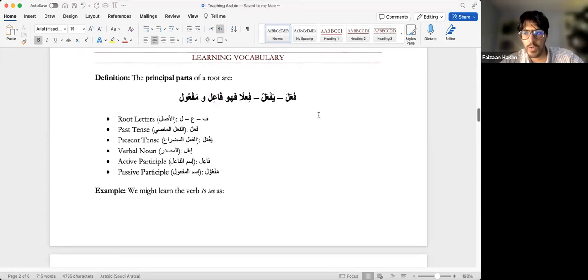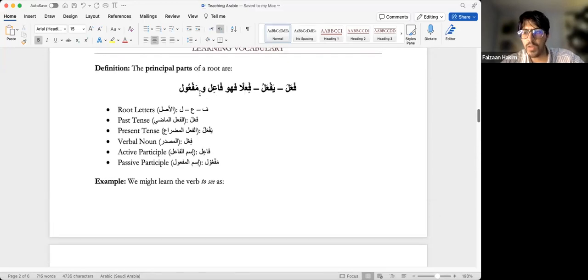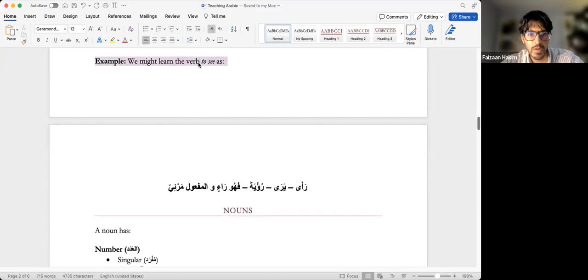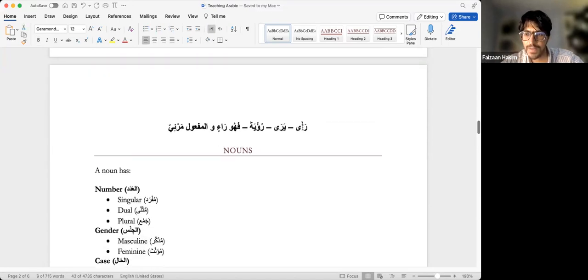We will learn a new word by fa'ala yaf'alu fi'lan, فهو, he is, the doer of the verb is fa'il, and we might say al-maf'ulu, the maf'ul is whatever it is. Example, the verb to see in Arabic is ra'a. Ra'a yara ru'yatan فهو راء والمفعول مرئي.